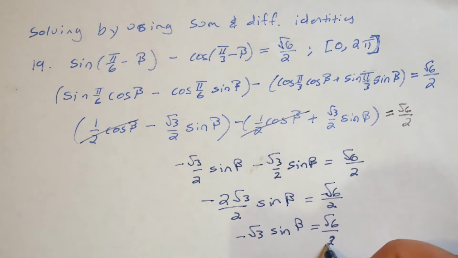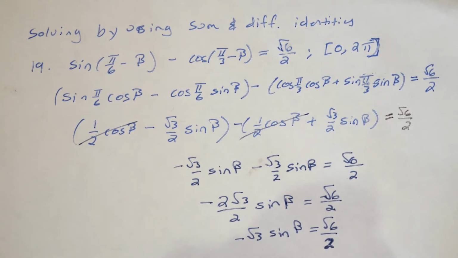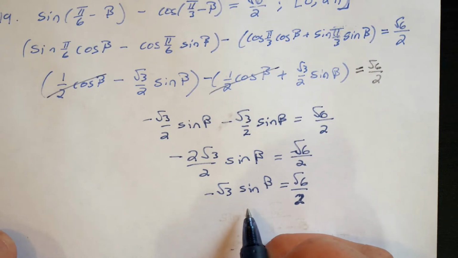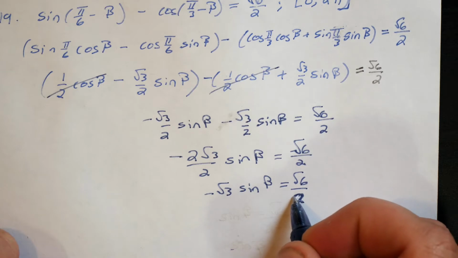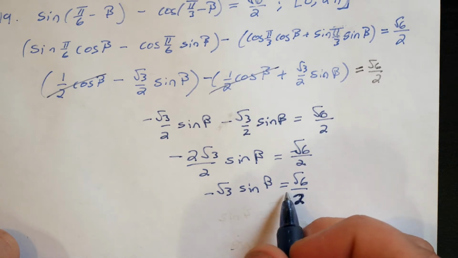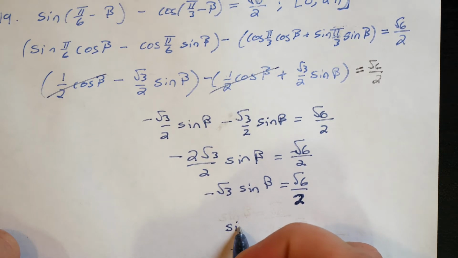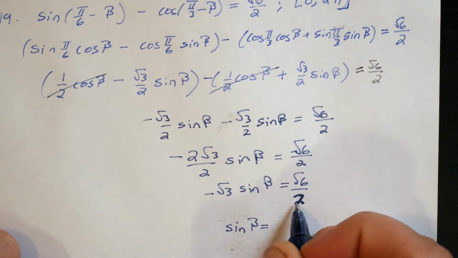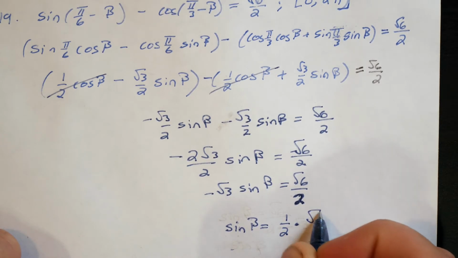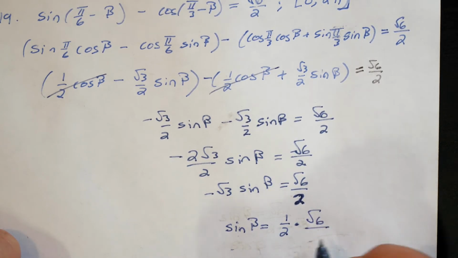Still trying to solve this trig equation, so now I have to divide by root 3. At this point you're just going to divide by root 3. This is just some algebra skills. So if I divide by negative root 3, I'm going to have sine of beta equals, I'm going to break this 2 off, so I get 1/2 times root 6, and I'm going to divide by my negative root 3. Now check this out.